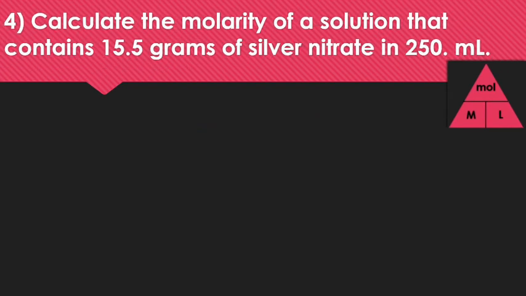But let's go ahead and jump to this very last one, where it asks us to calculate molarity again. So we're going to be using our normal old molarity is moles over liters. And this time we have 15.5 grams of silver nitrate, which is AgNO3, dissolved in 250 milliliters.